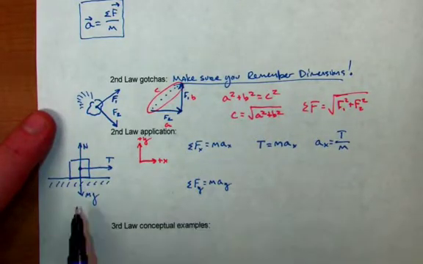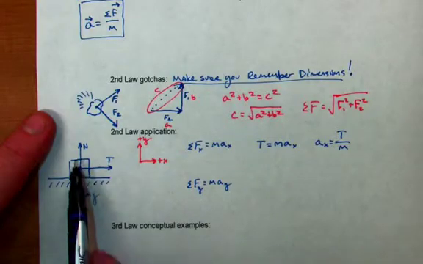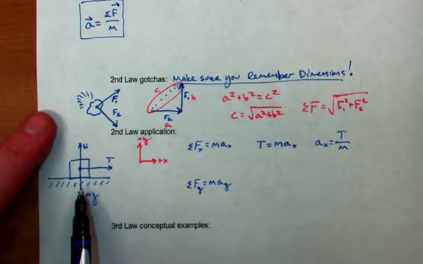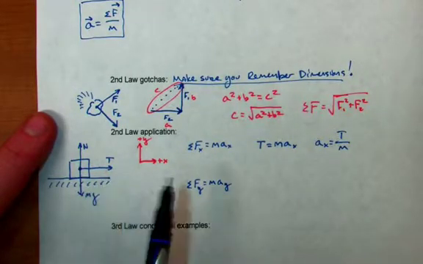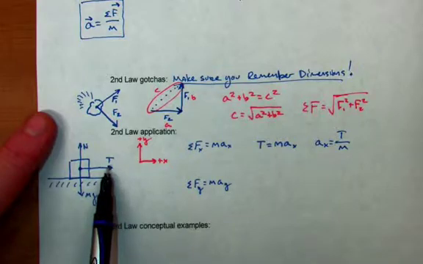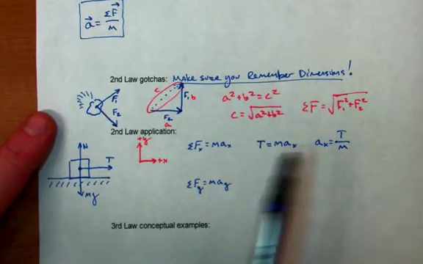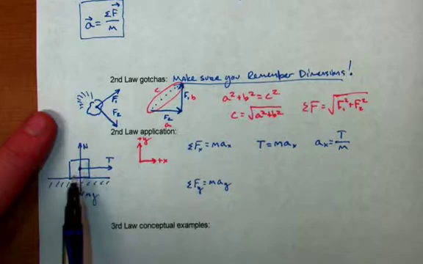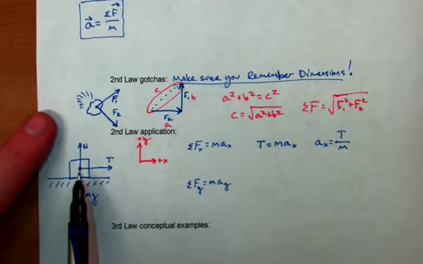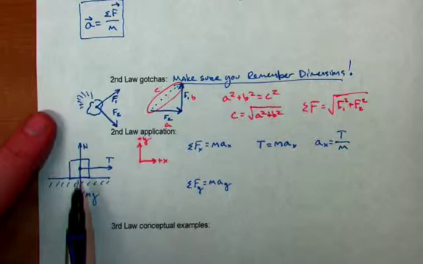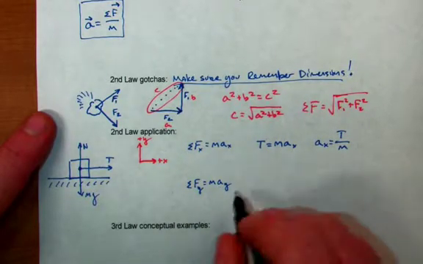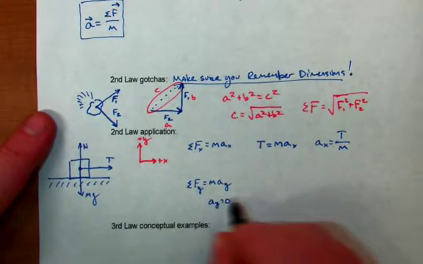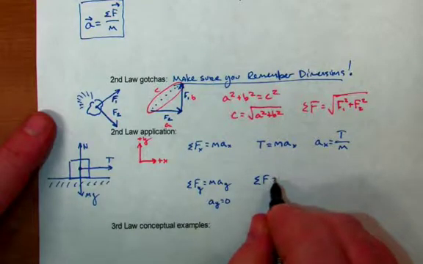Now, I could do the same thing in the y dimension, but you notice now I have two forces, and you have to ask yourself, this is another conceptual question, what is the object doing? I described it as moving to the right. You can see that it will accelerate to the right because T results in an acceleration. But in the y dimension, it's not moving up or down, so we know that there is no acceleration in the y dimension, so there must be no net force in the y dimension, which means that a is 0 in the y dimension, which means that the sum of the forces equals 0.